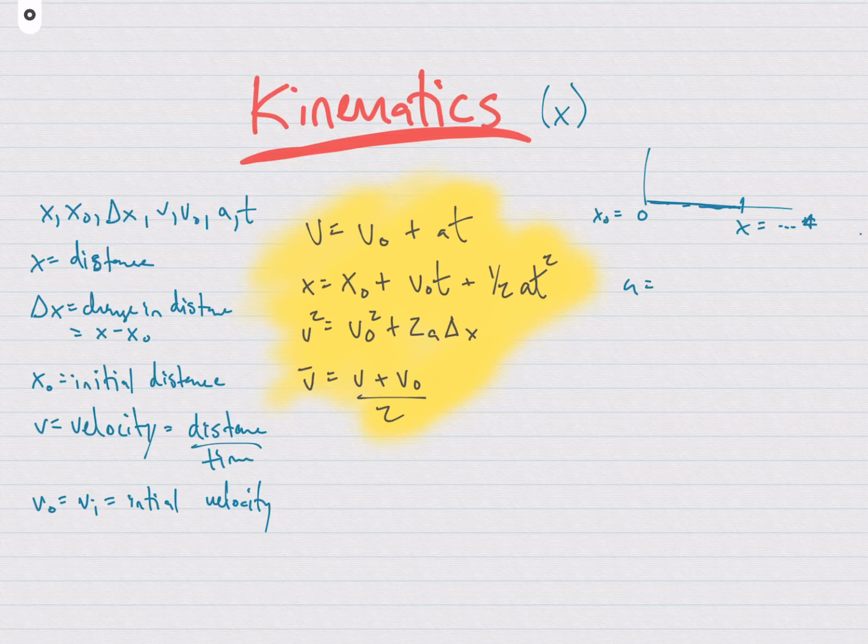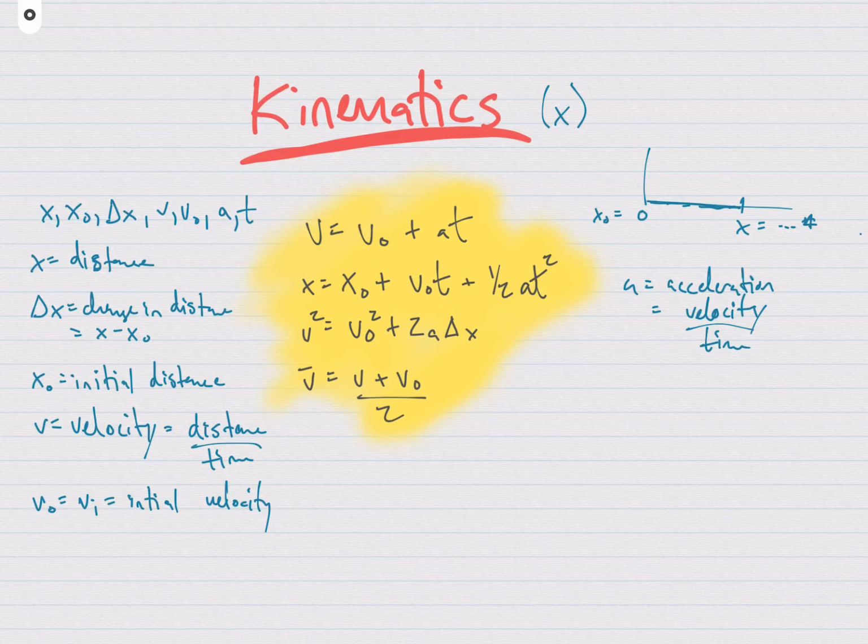As for a, this is called acceleration. Acceleration is equal to change in velocity over time. The most common example of this would be, say you are parked in the car and you are trying to get to a certain speed, say 30 miles per hour.